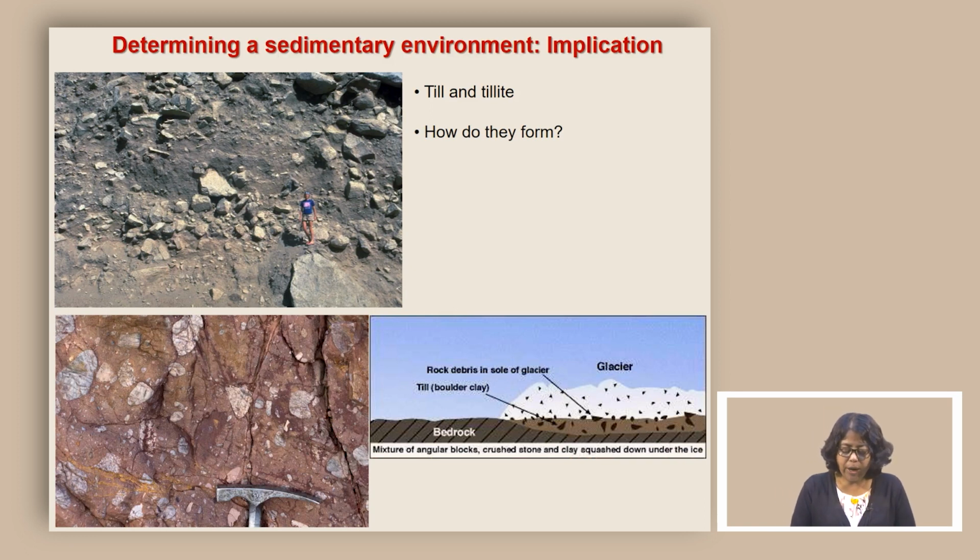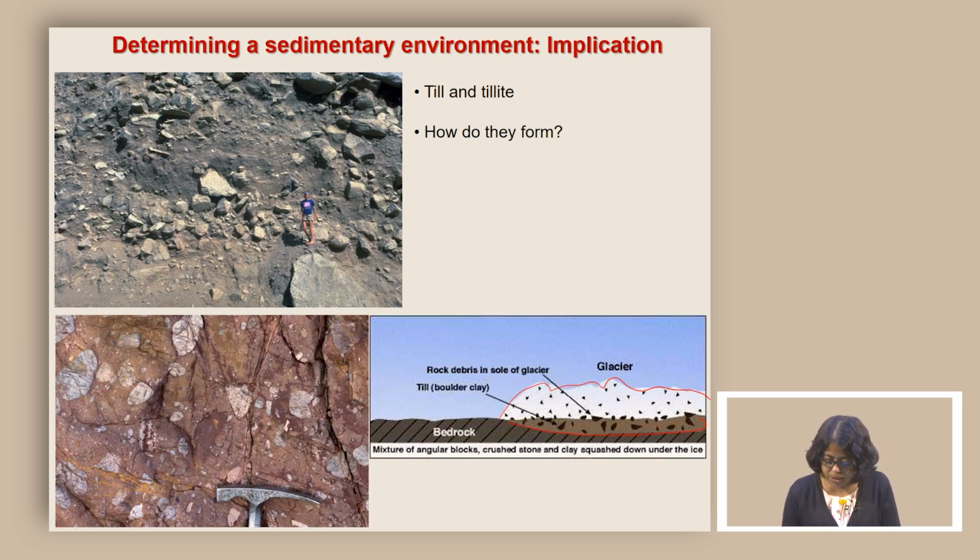If we look at a modern-day glacier, we know that when a glacier moves, it has a pattern of how it is taking the rocks. There would be very angular rocks at the base, called the tills, and then some rocks which are not so big or not so angular towards the top.